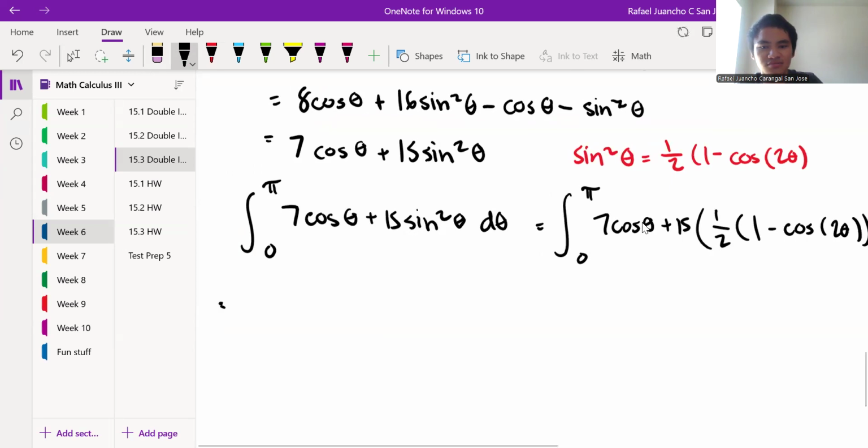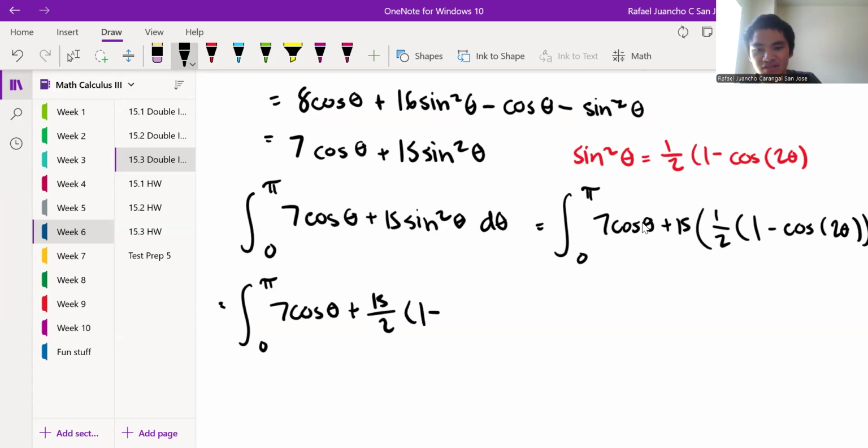Okay, let's probably evaluate it a lot nicer. I want it to be clean. This is 15/2 of this thing. And going from the back, this 15/2 minus this thing. There we go.